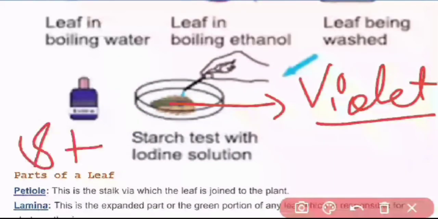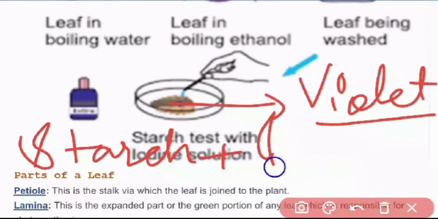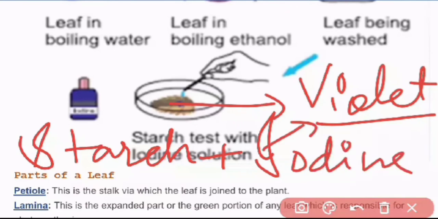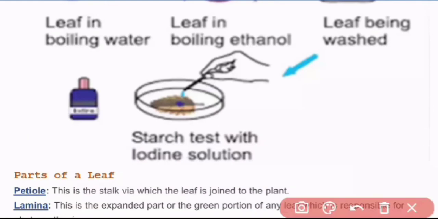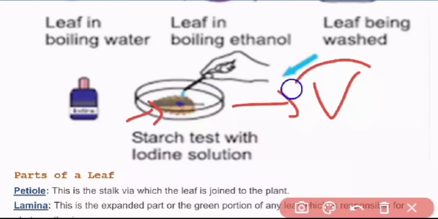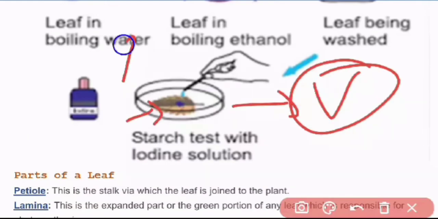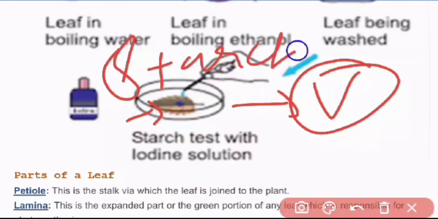Because starch plus iodine gives violet color. Only starch plus iodine gives violet color. And if this leaf also gives violet color when we add iodine, it means starch is also present there. So this confirms the presence of starch in that leaf.